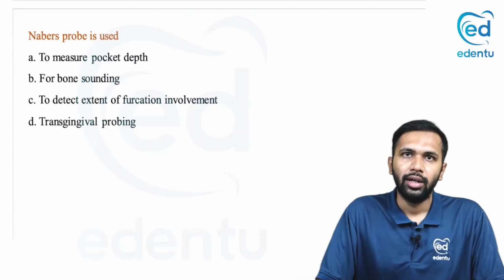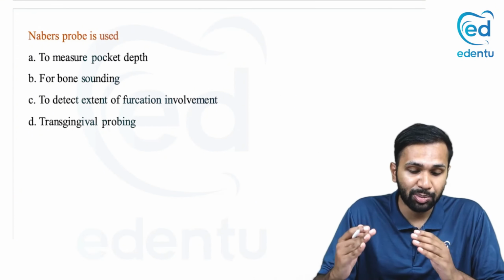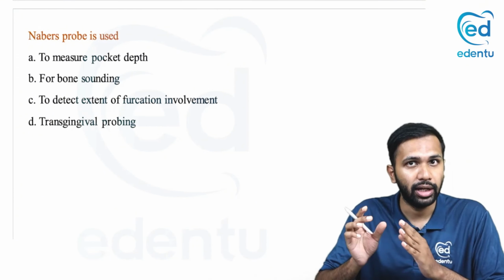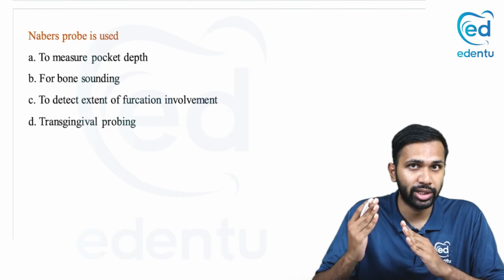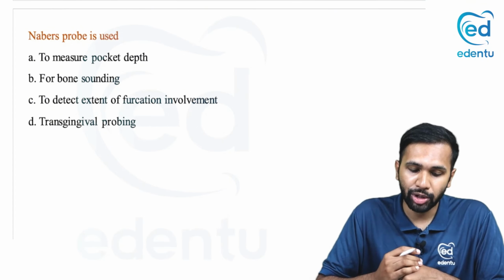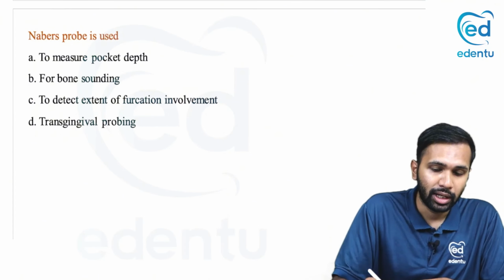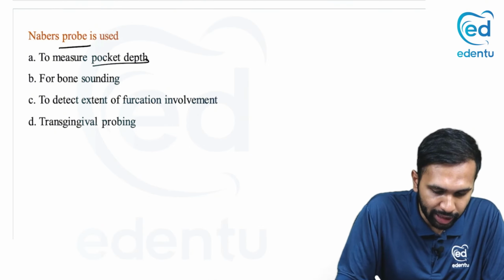Okay. The next question is, Neighbor's probe is used for what? Another question from the instruments topic. Option A, to measure the pocket depth. Any probe, the main function is to measure pocket depth.